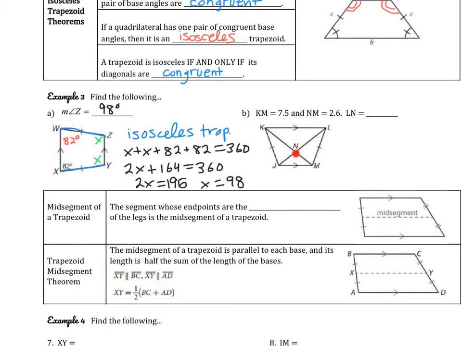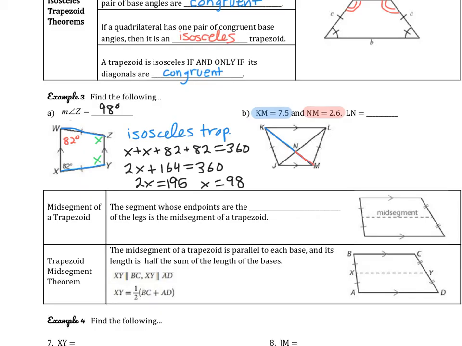we are told that NM is 2.6. So they would like us to find the measure of LN. So again, this total is 7.5, which I'll highlight in blue. And then we know that NM is 2.6.